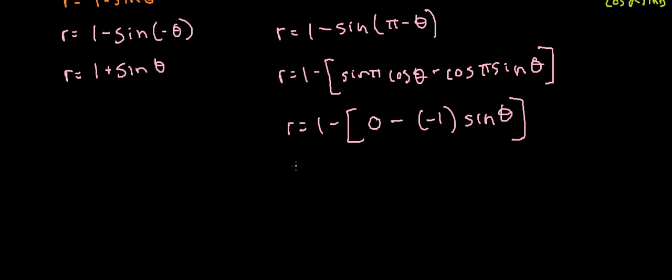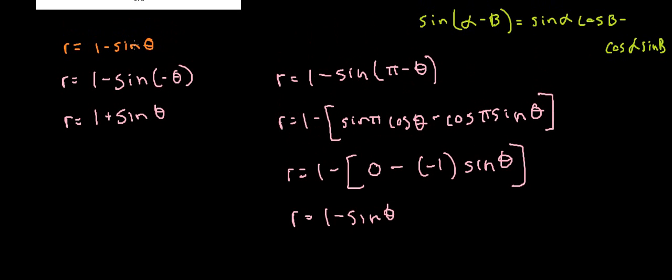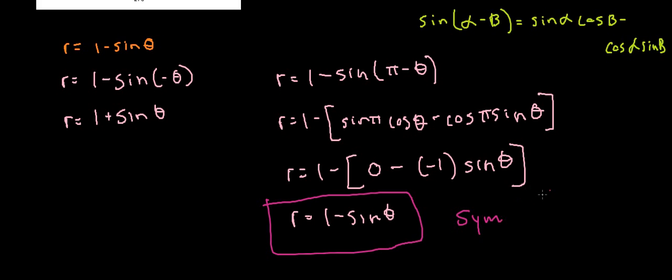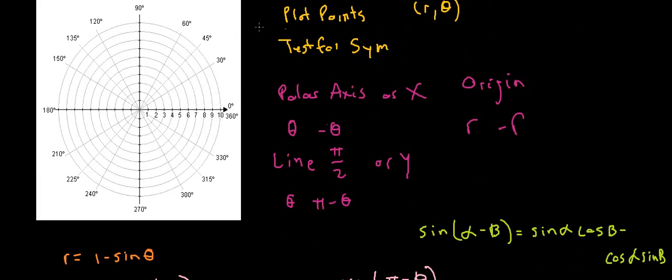So this just makes positive, so r is equal to 1 minus sine theta. And this is exactly the same as this. So that means it's definitely symmetrical to pi over 2. So it'll be symmetrical to this like y-axis, even though it's not a y-axis.